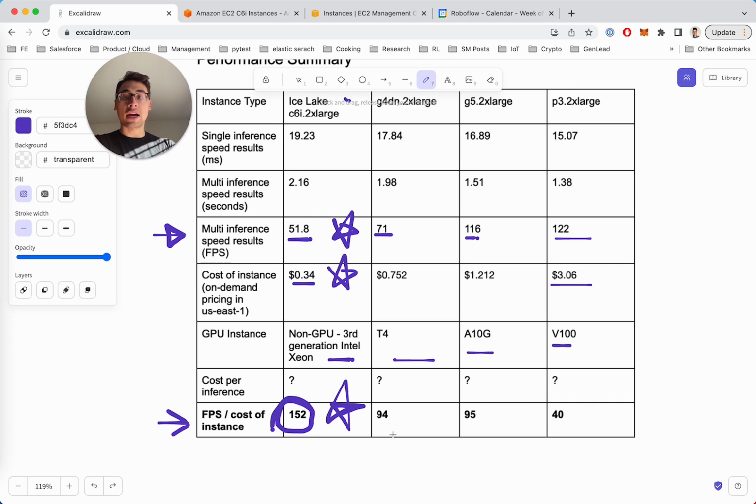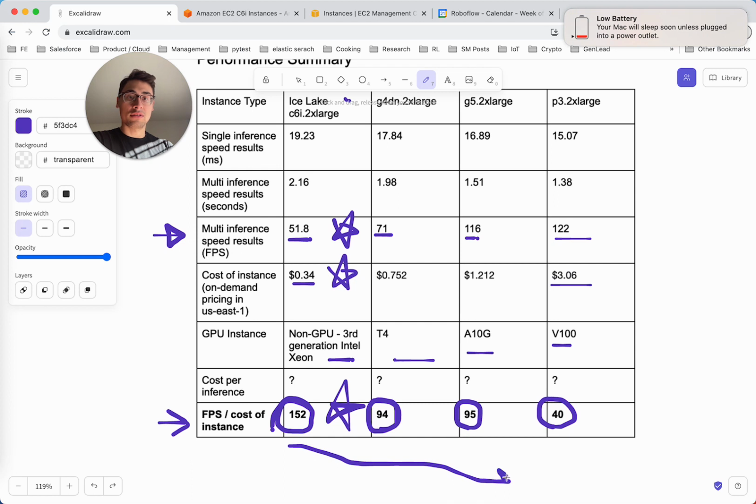You'll notice that the ratio of effectiveness, or price efficiency, or however you want to think about it, tends to decrease or slightly increase, I guess in this case. It goes from 94 to 95 and then back down to 40 with price. But the important thing here is that the trend goes down and to the right, like so.